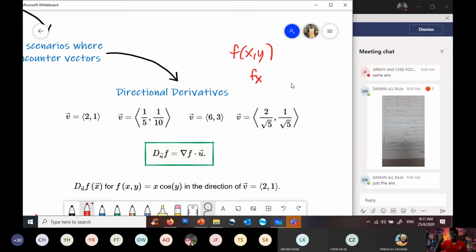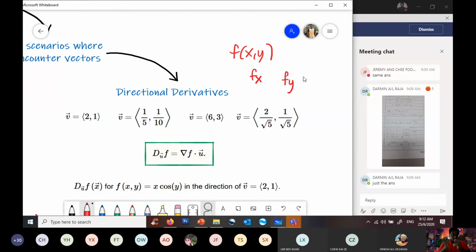If y is equal to 2, stay at 2. But x, you keep on changing it. So when you only change x, what is the derivative? That is fx. If you only change y and you keep x as a constant, that is the rate of change in the direction of y, or fy.